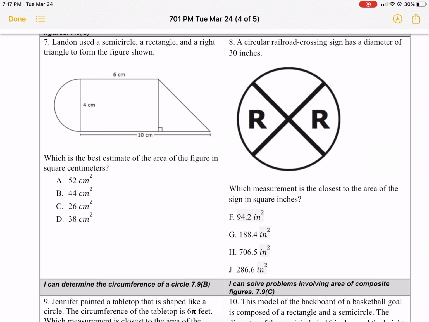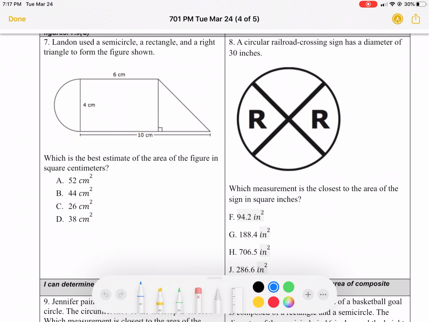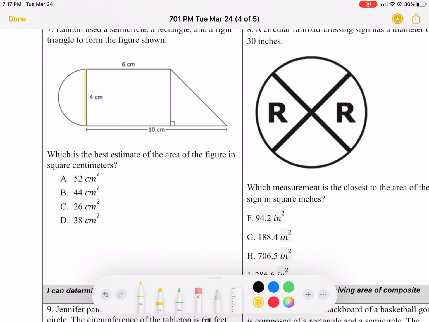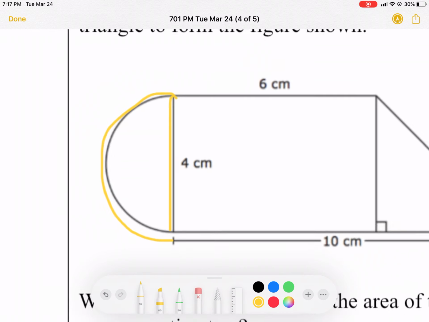Next, Landon used a semicircle, a rectangle, and a right triangle to form the figures shown, which is the best estimate of the area. So now I'm gonna start with the semicircle. And you know, for this one, the formula is area equals, since this is a half circle, pi times radius squared divided by 2, right?